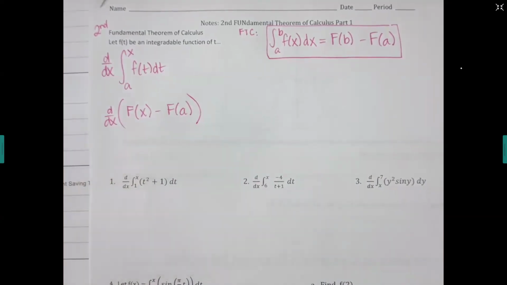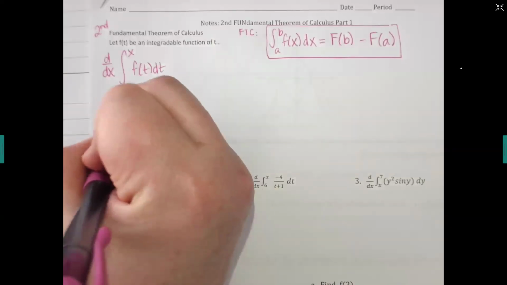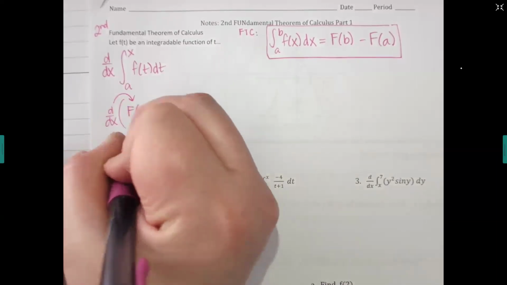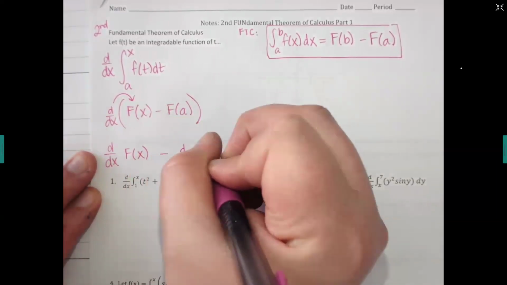Then from there, we're taking the derivative of the two big F's subtracted. So I'm going to distribute that derivative into both of these. So we're going to take the derivative of capital F of x minus the derivative of capital F of a.